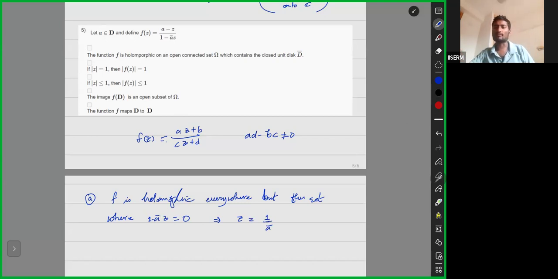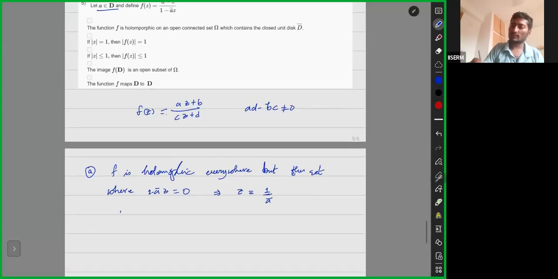One thing is given: a is from D, so a belongs to D. This implies modulus of a is less than 1. So modulus of a bar is also less than 1, and so modulus of 1 upon a bar is strictly bigger than 1.